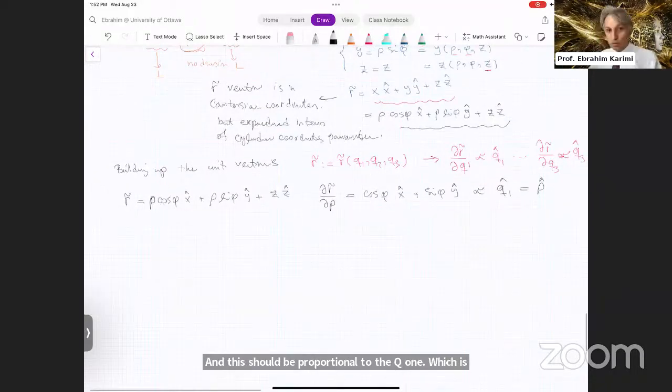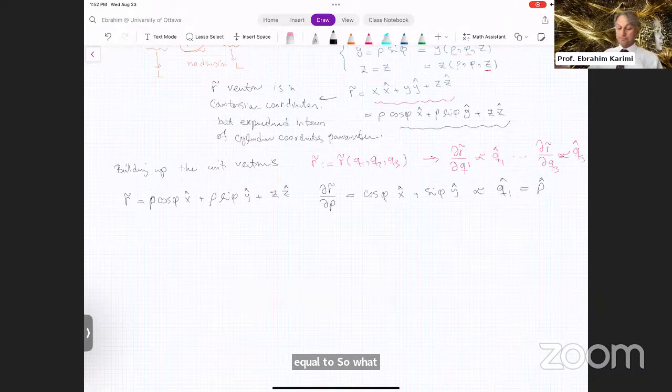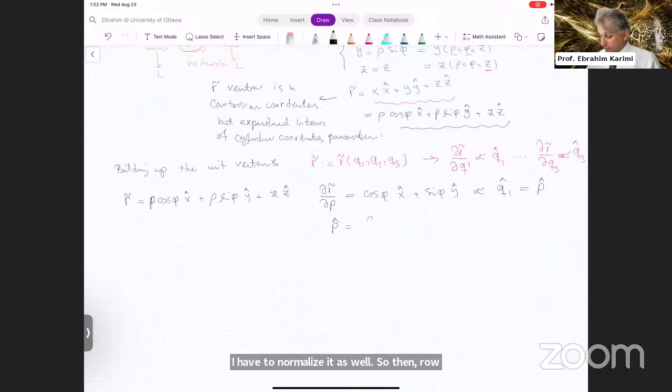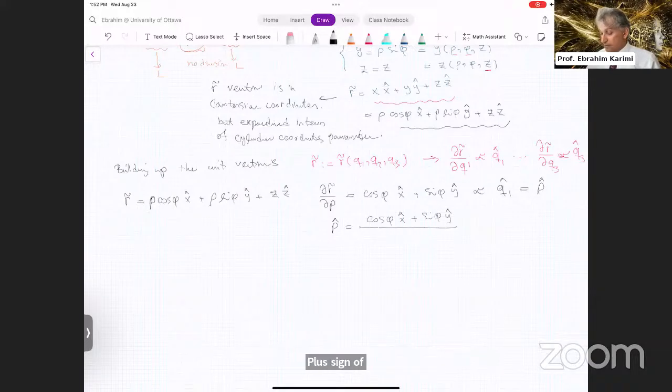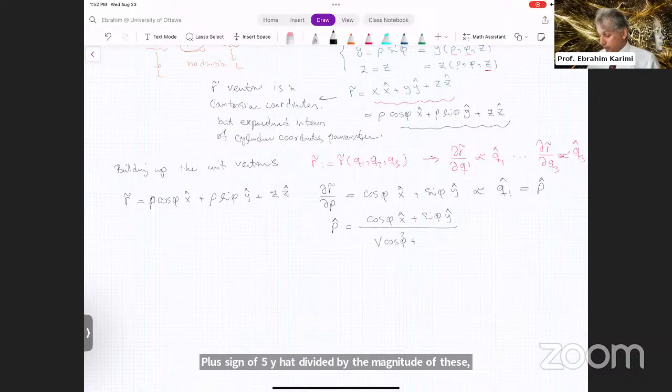So what I have to do is normalize it as well. Then rho hat indeed is cosine of phi x hat plus sine of phi y hat divided by its magnitude, which will be the square root of cosine squared of phi plus sine squared of phi, which is equal to 1. And then rho hat is cosine of phi x hat plus sine of phi y hat.